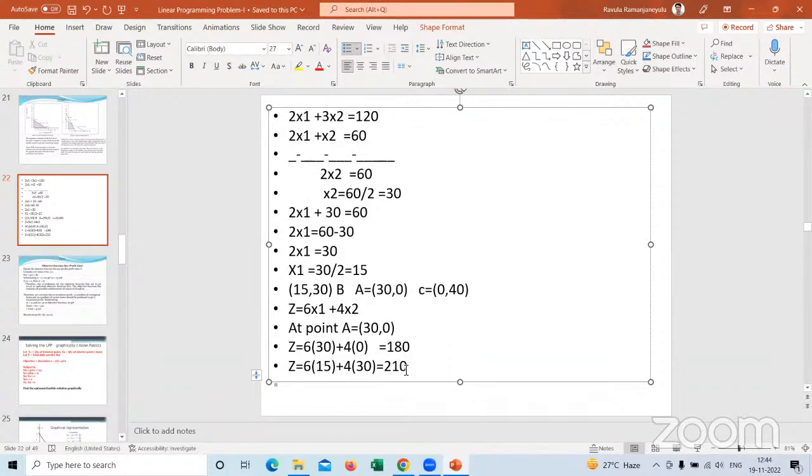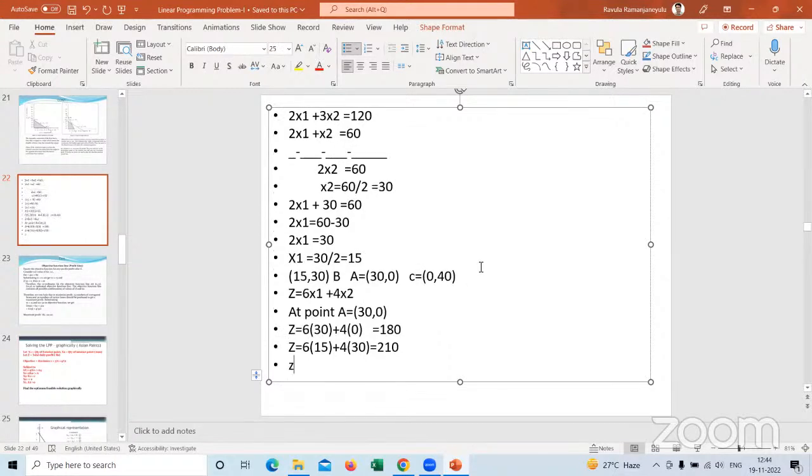Yes, sir. Similarly, if you substitute point C, which is 0 comma 40, then 6 into 0 plus 4 into 40, our value will be 160.